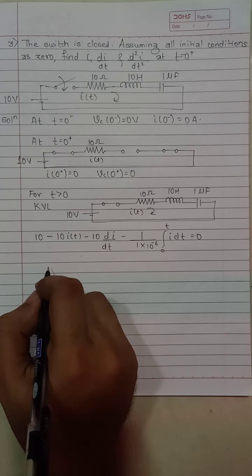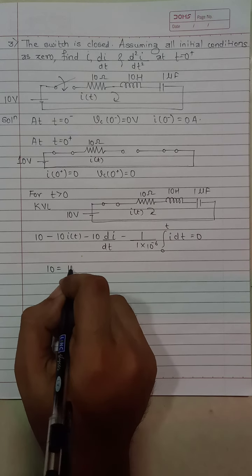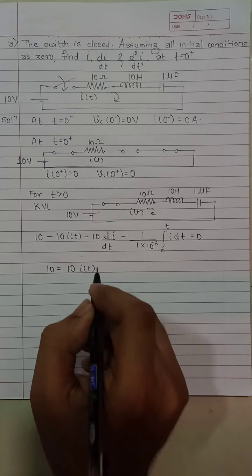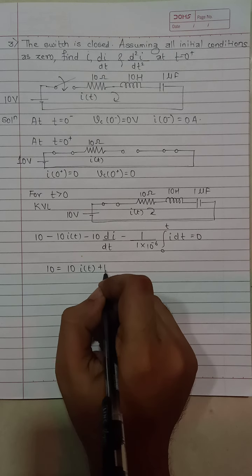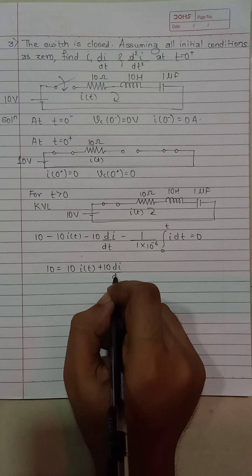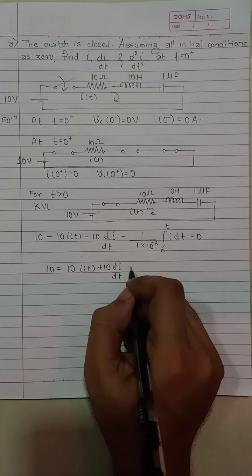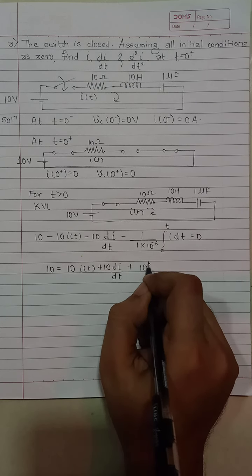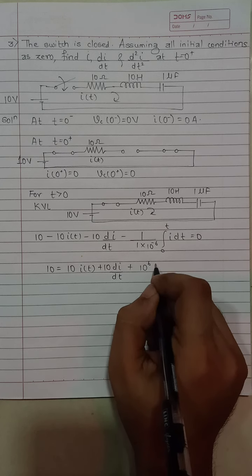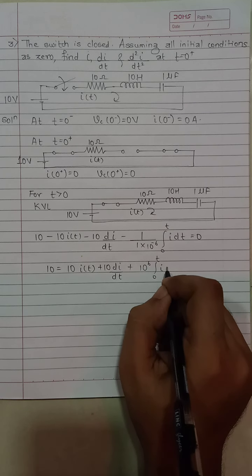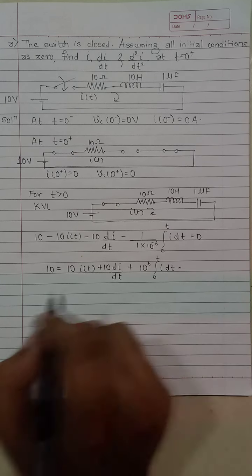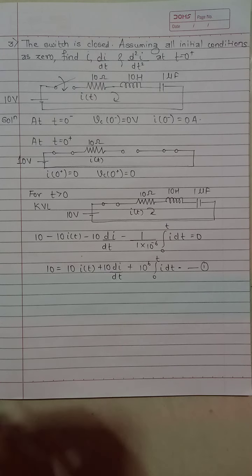Now I can write it as 10 is equal to 10 I of t plus 10 di by dt plus 10 raised to 6 integral 0 to t I dt, calling this equation number 1.